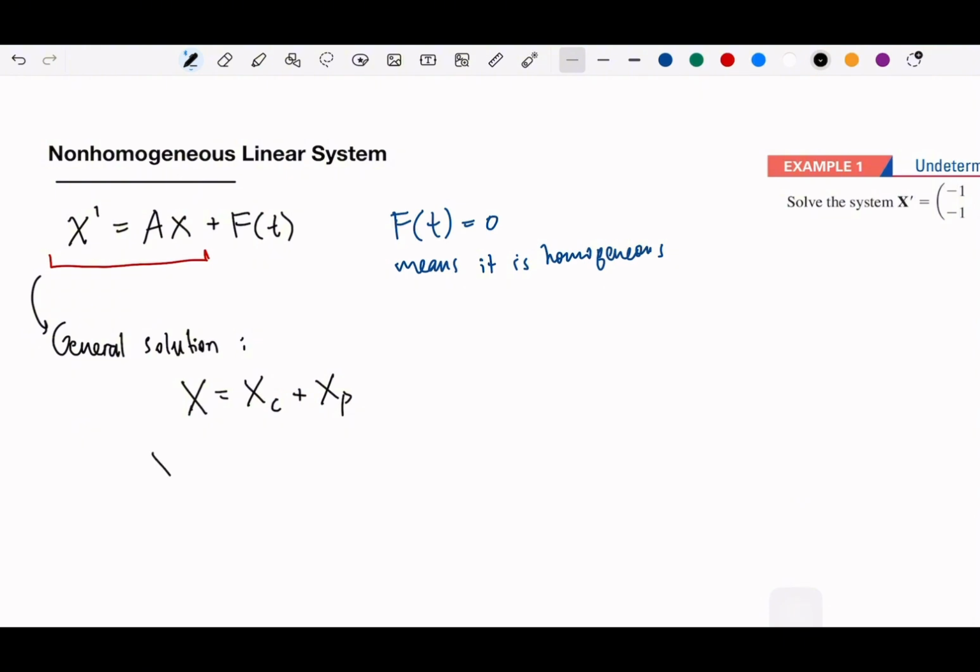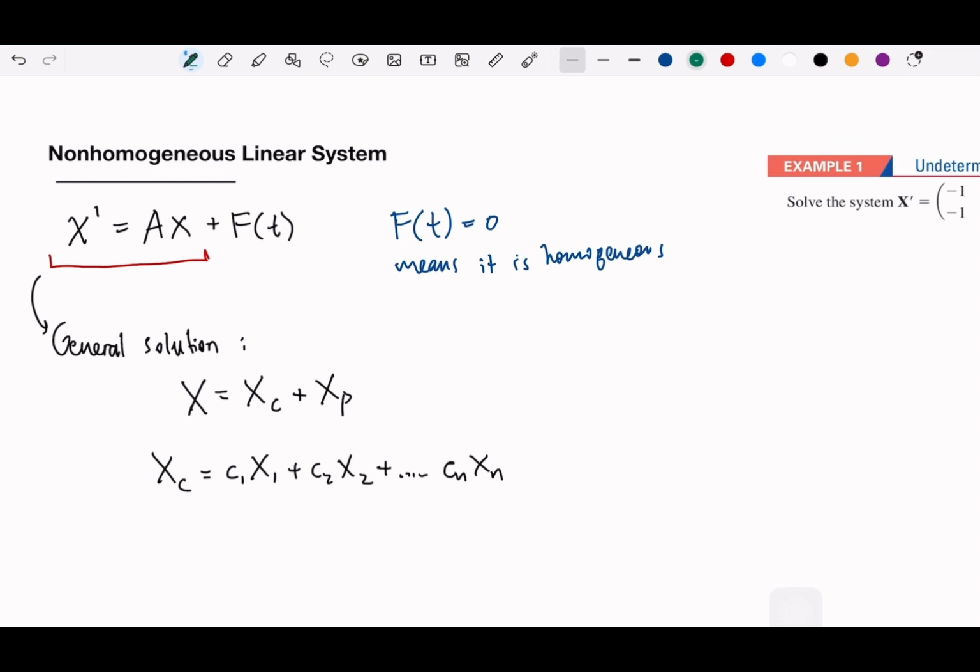And the xc, we have shown from the previous examples, will consist of several parts of another matrix system up to some n, depending on how many equations we have in the system.